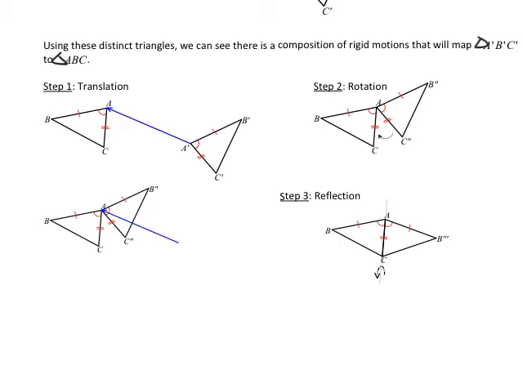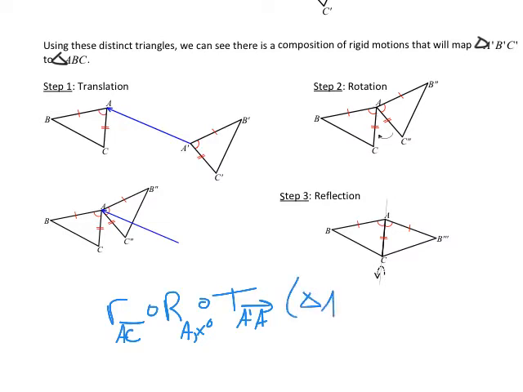If I want to write this out as a transformation, the first thing we did was to translate from A prime to A. And then we rotated about point A a certain number of degrees, I don't know what. And then we reflected over line AC. We applied all that to the original triangle A prime, B prime, C prime.